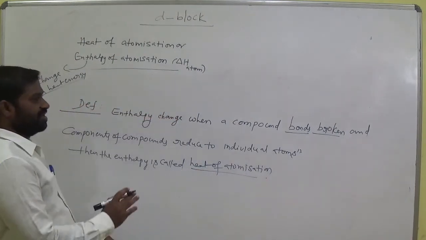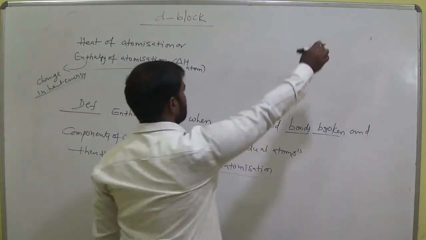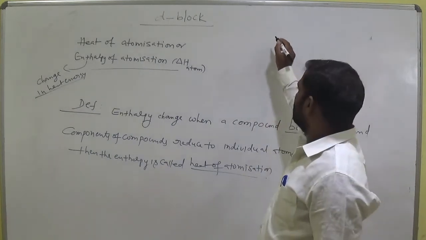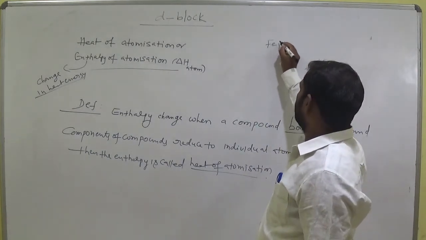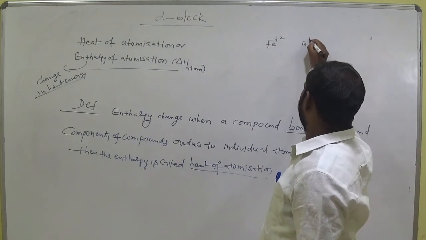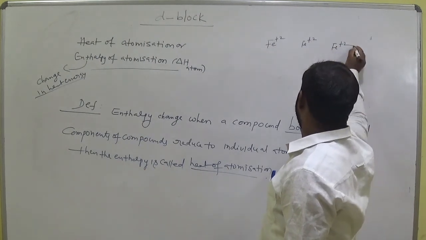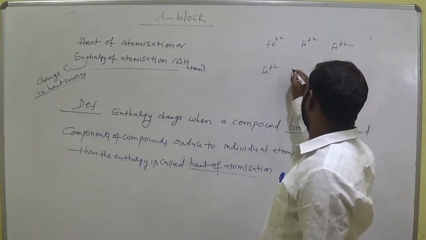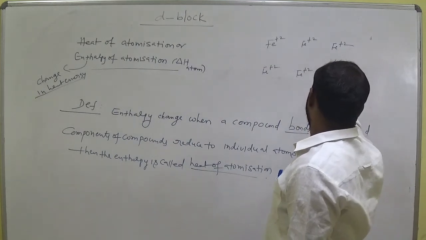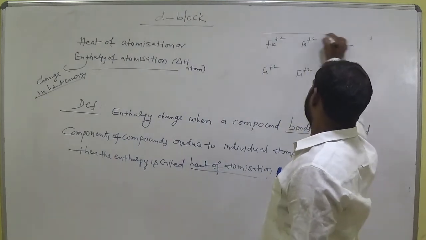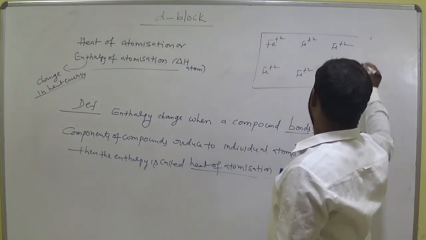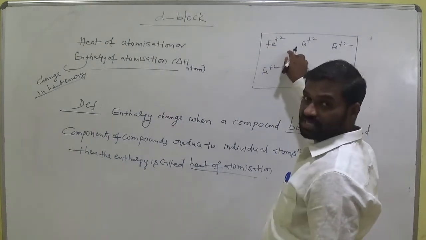So what is the meaning of this definition? Let's see. This is a metallic crystal. These iron atoms lose electrons.